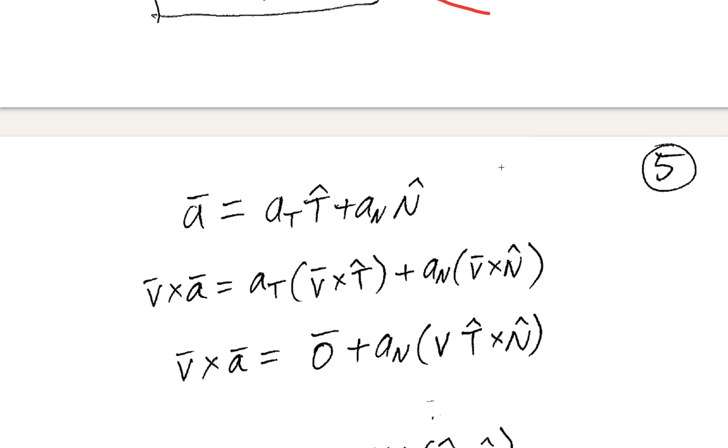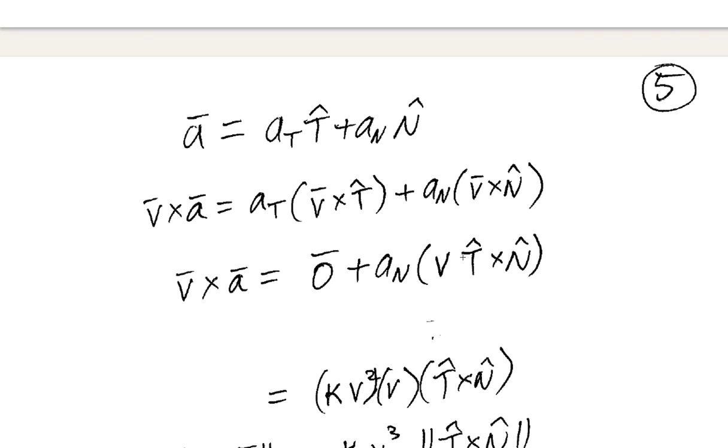Let's come over here. Acceleration is tangential and normal. See, I've written it this way. I'm going to take the cross product on each side, v cross a. A sub t is just a scalar, right? So I've got a sub t, v cross t hat, plus a sub n, v cross n hat.